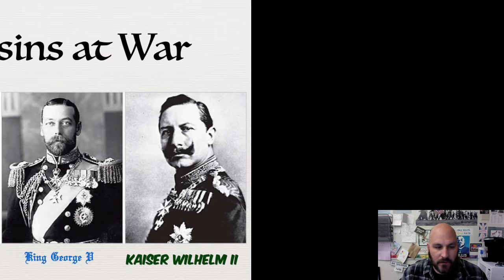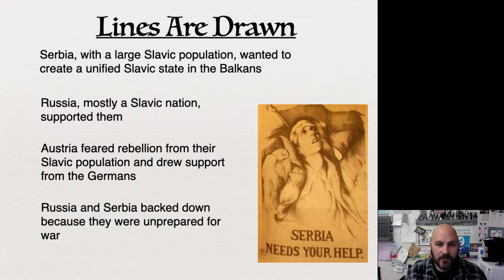All right, so first slide here, we want to talk about lines are drawn. To start the story of the assassination, we need to understand what's going on in the area of the Balkans. The Balkans is what is referred to as the powder keg, and I'll get to that in a little bit. But the area of the Balkans is a really diverse area of ethnic groups.